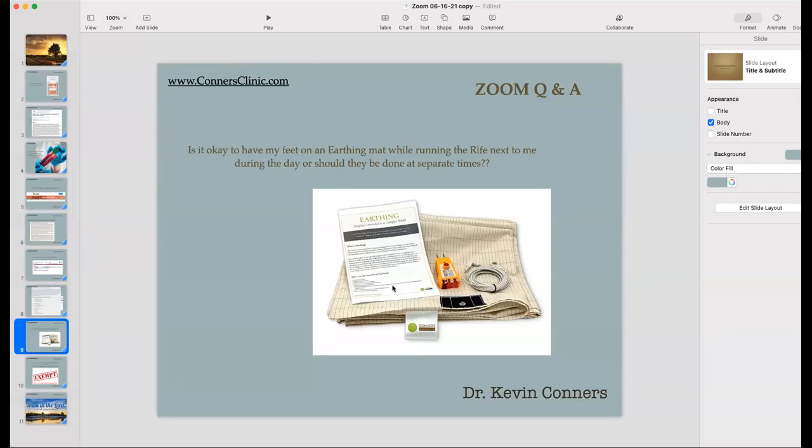So remember what an earthing or grounding mat or sheet is. This is our grounding sheet. If you're going to use this with the Rife, we just recommend you put it on the lower half of the bed. It's connected with this little button to a snap on the sheet.